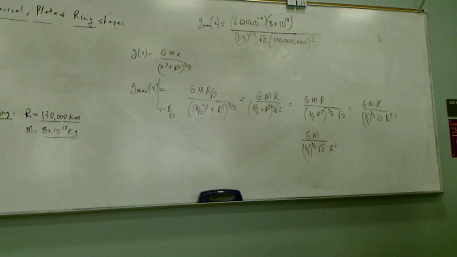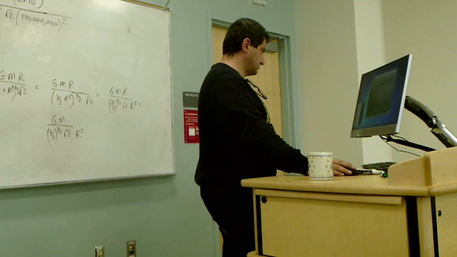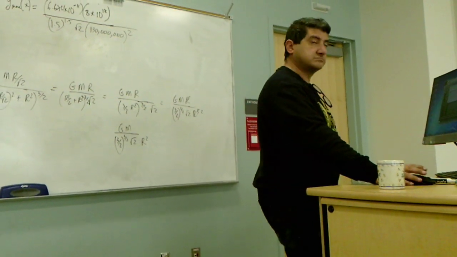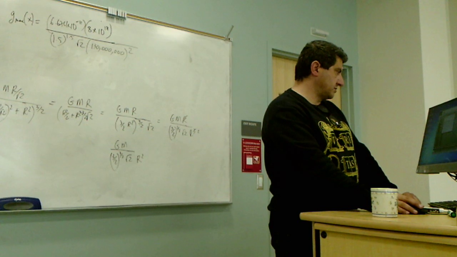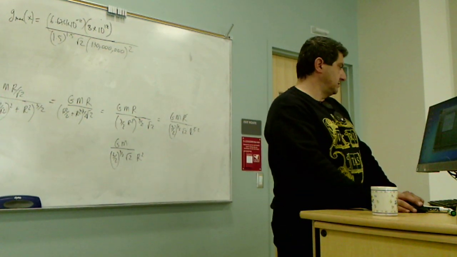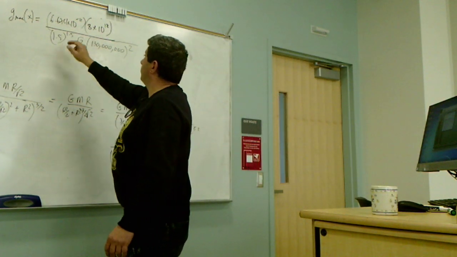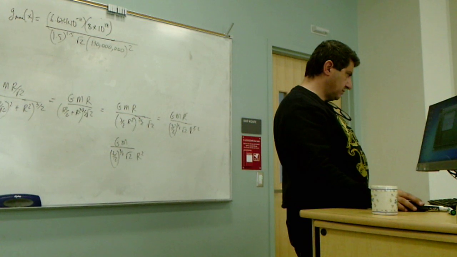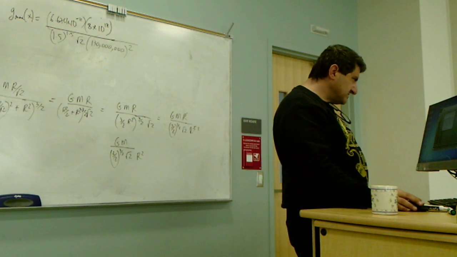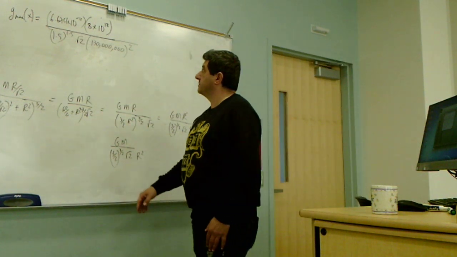Okay, let's take the calculator, put that all in. 6.674 times 8, divided by 1.5 to the power 1.5, divided by root 2.